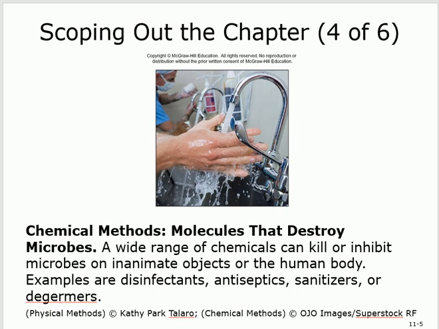So this is the second suffix, and you will see it. It will be repeated, but just understand from now. So you say something cidal or something static. Bactericidal, bacteristatic. Fungicidal, fungistatic. You get the idea? So if you say static, you're not killing. You're inhibiting the growth. Okay?